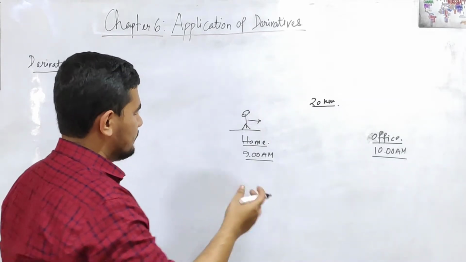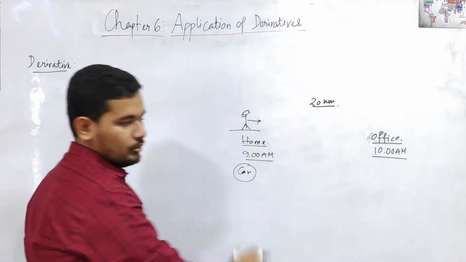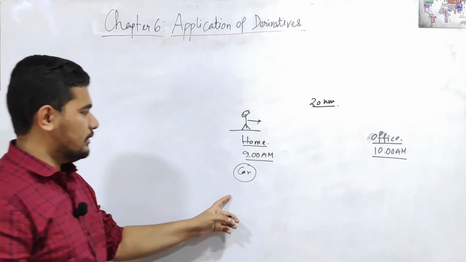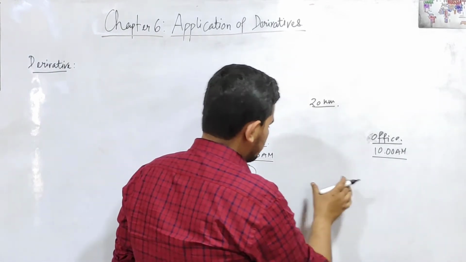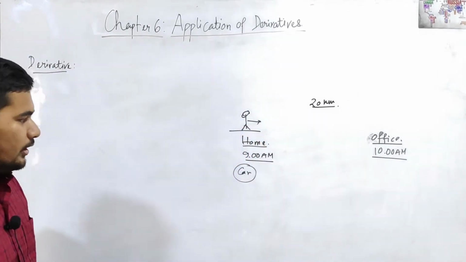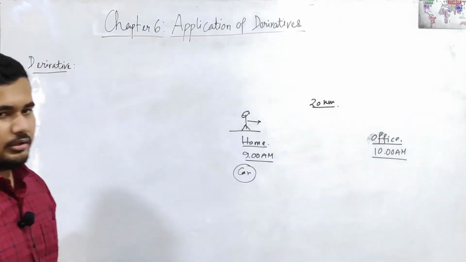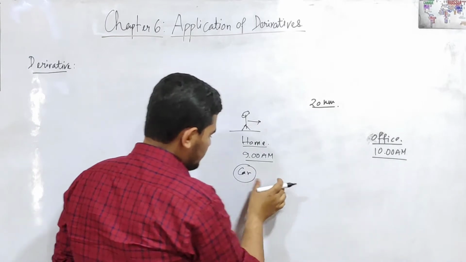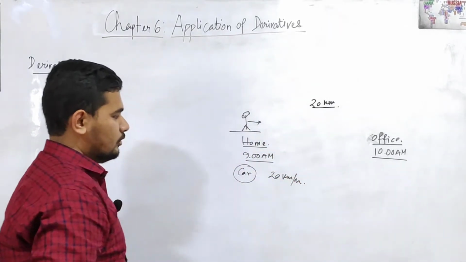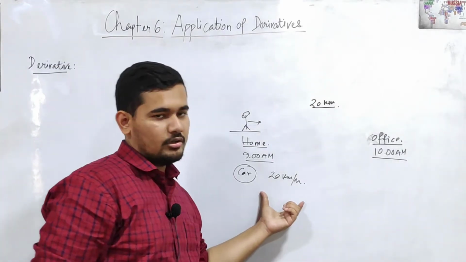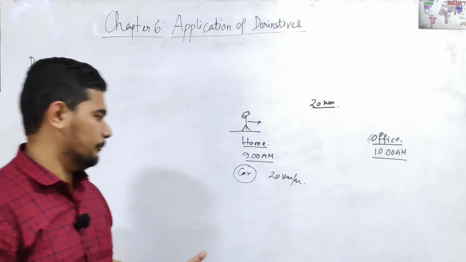Let's suppose he is going in his own car. When he is driving, he needs to have some speed. To cover 20 kilometers in an hour, you need a speed of 20 kilometers per hour, a concept of speed you have already learned in class 9 or class 10.